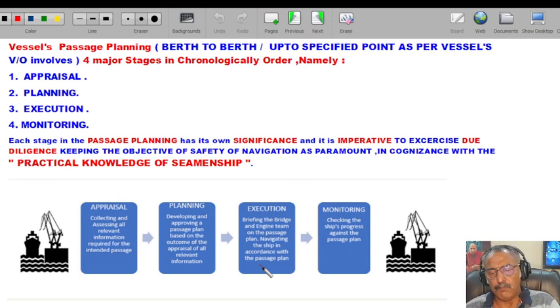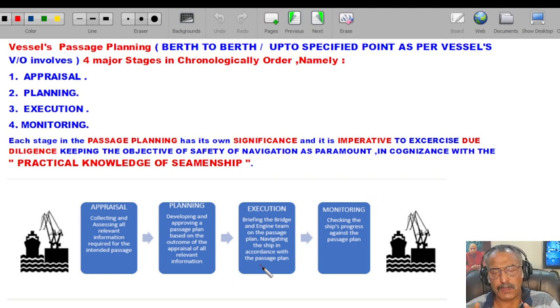You're also briefing. This is from the master and the navigating officer's perspective, because the initial briefing is between the master and the second mate. Once the second mate collects, under the master's authorization, all the data whatever is required, be it charts, publications, as I said earlier, the second mate draws the courses and prepares a passage plan and shows it to the master. Once the master approves, thereafter comes the execution stage, that okay, the master has approved the passage plan.